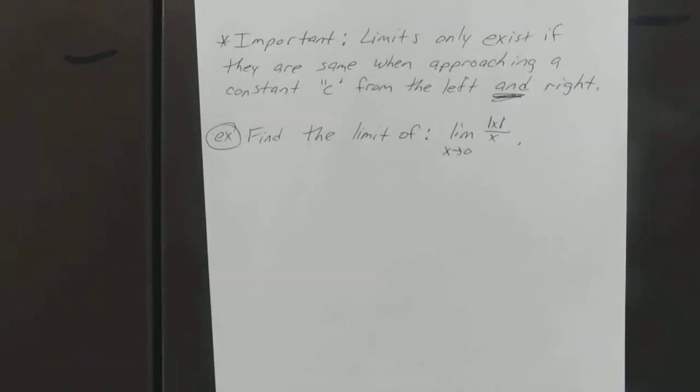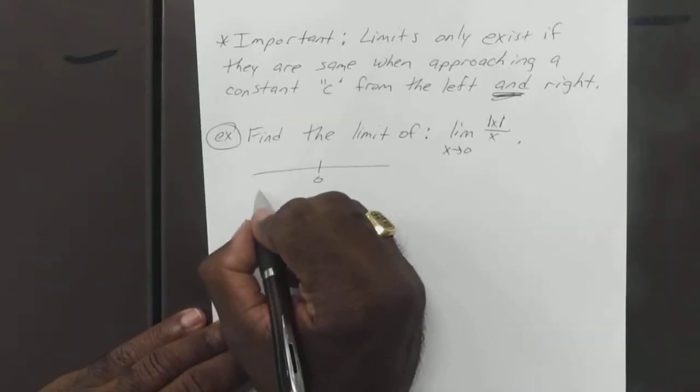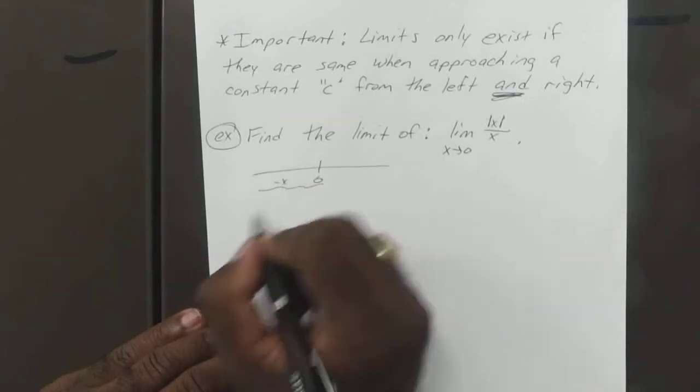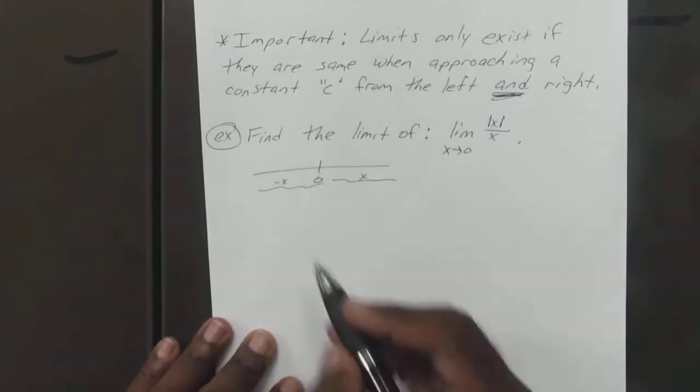Okay. So we know that if you're approaching 0 from the left, whatever x is going to be negative. So everything over here is just negative x, and everything over here is just positive x.